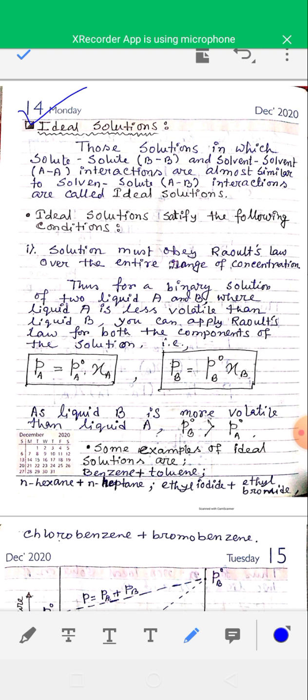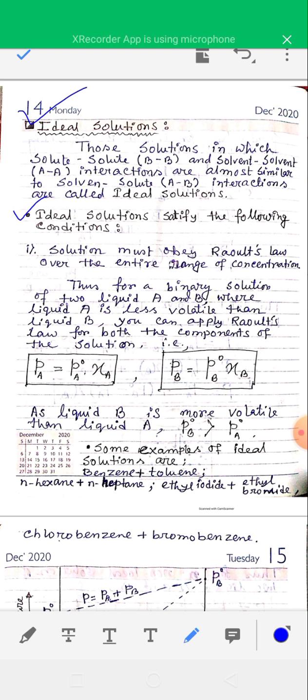Now let's see the conditions for formation of an ideal solution. An ideal solution satisfies the following conditions. First one is that an ideal solution must obey Raoult's law over the entire range of concentration. That is, for each component of an ideal solution, you can apply Raoult's law over the entire range of concentration.